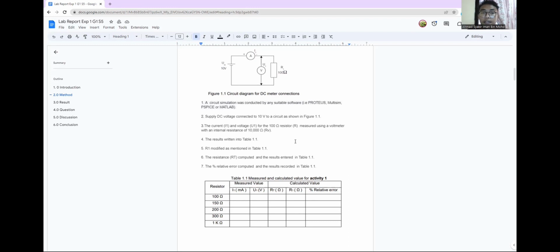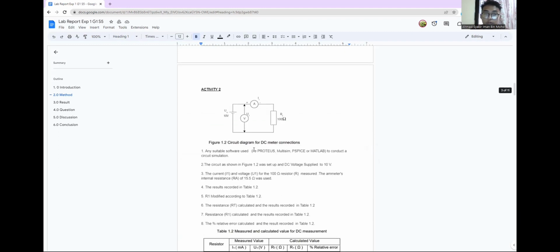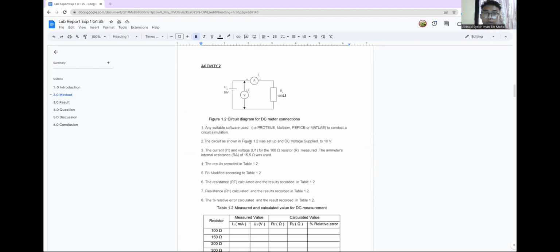Then the resistance RT is computed and the result entered in table 1.1. The percentage relative error is computed and the result recorded in table 1.1. This is table 1.1.